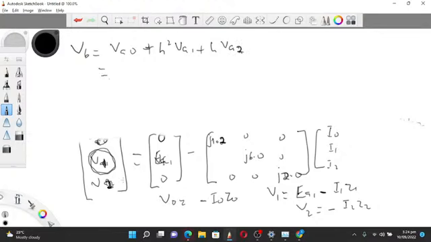And we will get VA0 as I0 Z0. So you get all these values, just put them inside. You get your phase voltage VB as 994.86, angle negative 120.28 degrees. Yeah, so that's what you get.